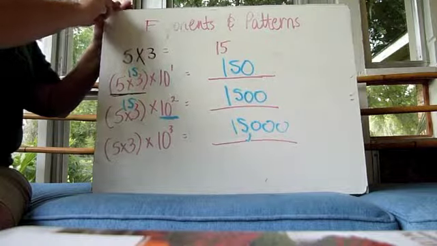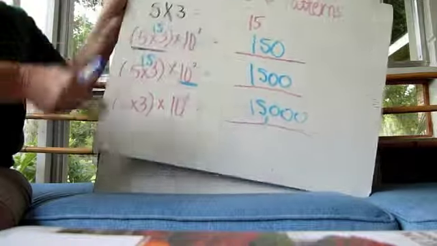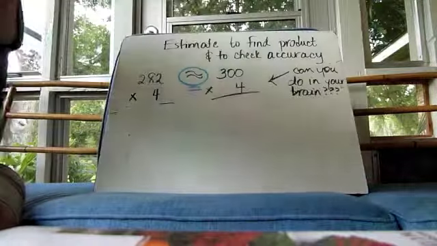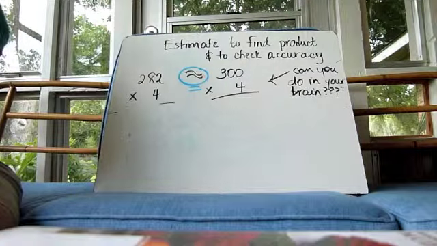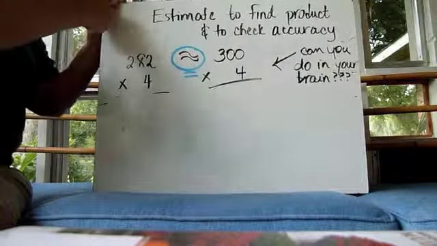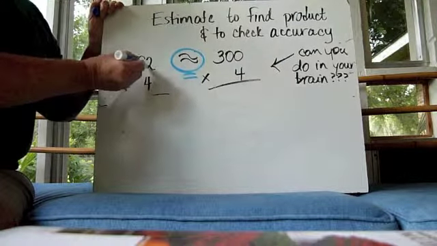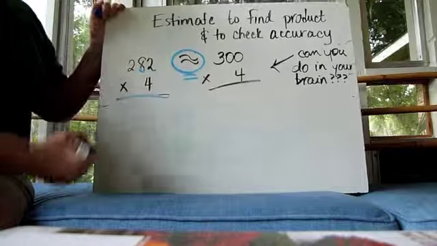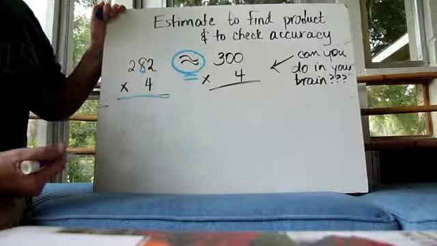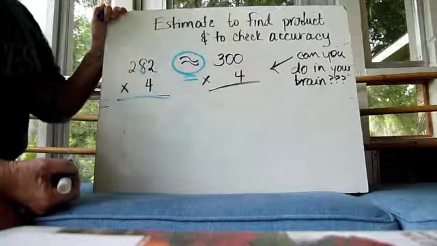The last thing I wanted to go over with you was using estimation when you are finding and solving products, when you're multiplying, how valuable it can be to estimate. So if you have the problem 282 times 4, the first thing I would do is think in my brain, 282 is almost 300.